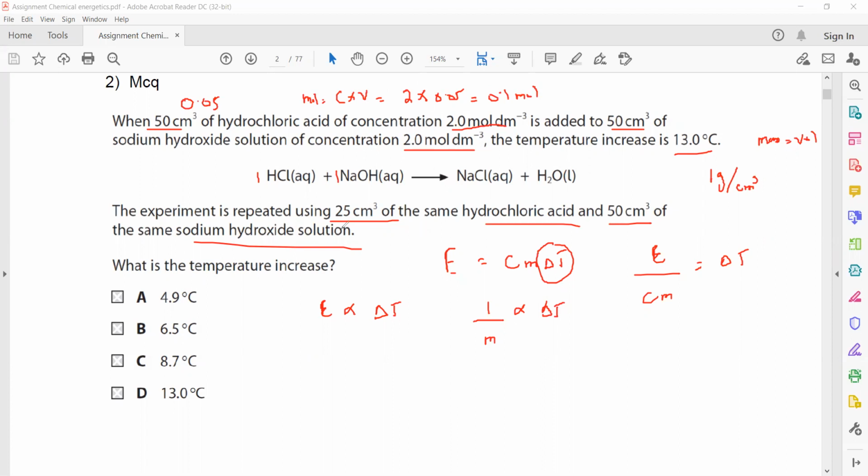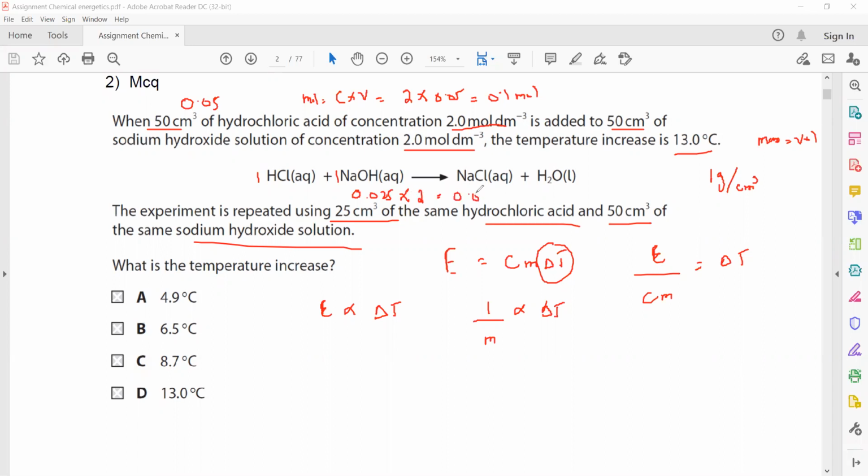But then we change the experiment. We are using 25 cm cube of the same concentration. So 25 cm cube means 0.025. That's the volume. And to get the moles of hydrochloric acid, initially we used 0.1 mole. But now, with the same concentration of 2, we have 2 multiplied by 0.025.